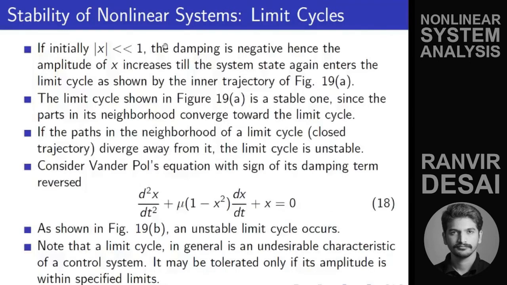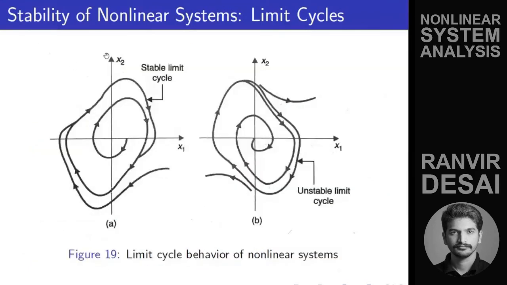Okay, so these are some discussions on that. Generally, limit cycles are an undesirable characteristic of the system. It may be tolerated if its amplitude is within specified limits. So let's draw a circle here of epsilon. If it is staying inside that circle, this is a stable system.